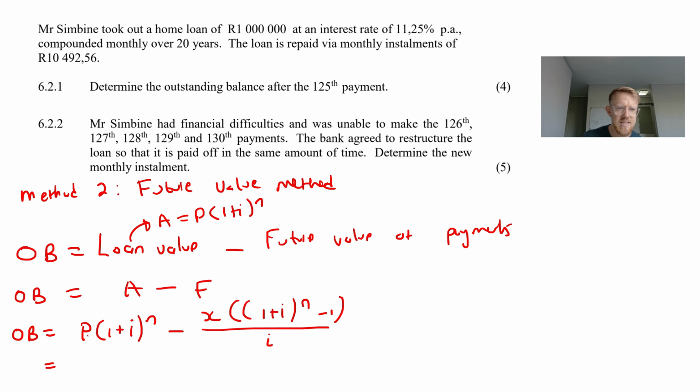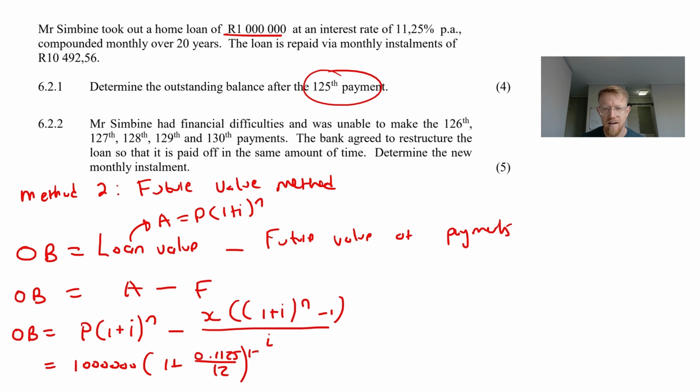P is the original loan value, which was R1,000,000. The interest rate is 11.25%. Now, when you use this method, the N value is the number of payments that have already been made. So here we know that we've already done 125 payments.